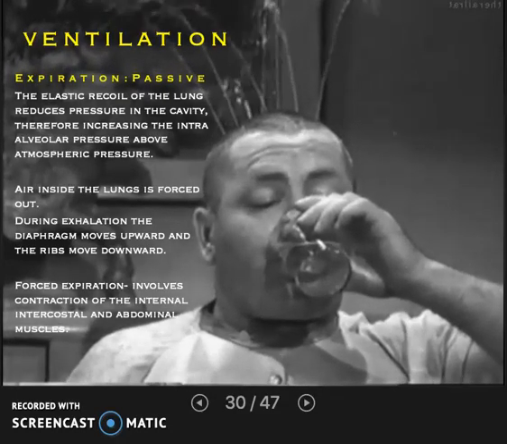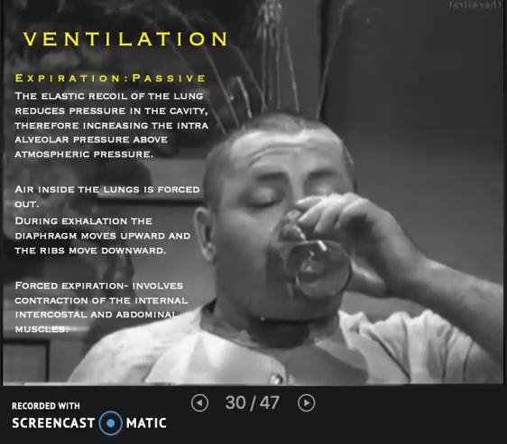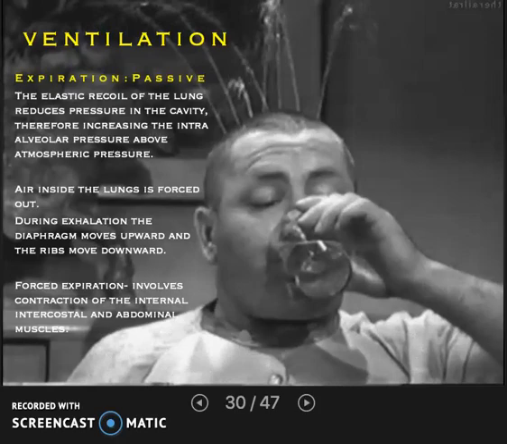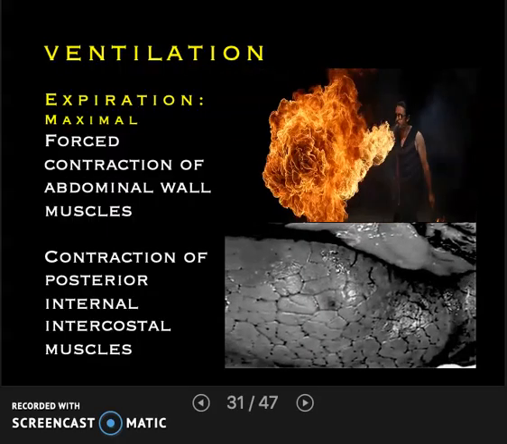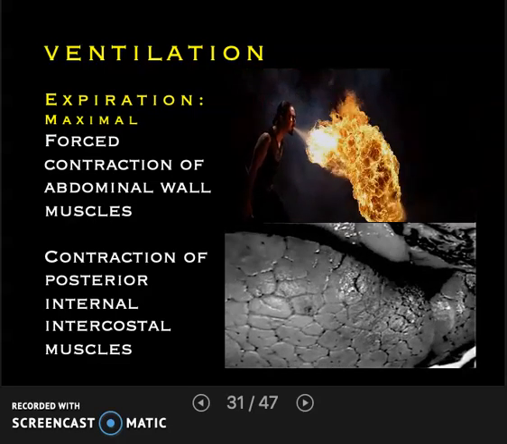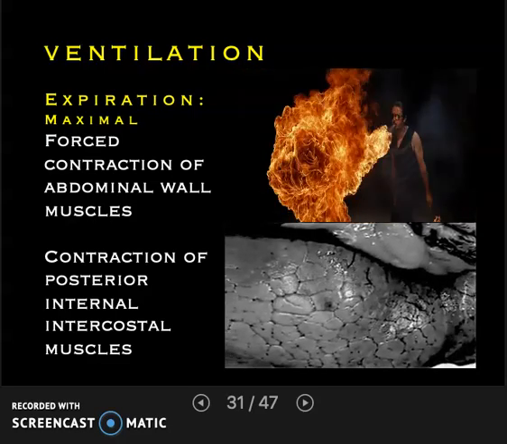Now I can also force expirate, and then again I'd be using the internal intercostals, and they would pull that lung rib cage down, and also abdominal muscles. So when you breathe out, you're going to use muscles of the abdomen as well.